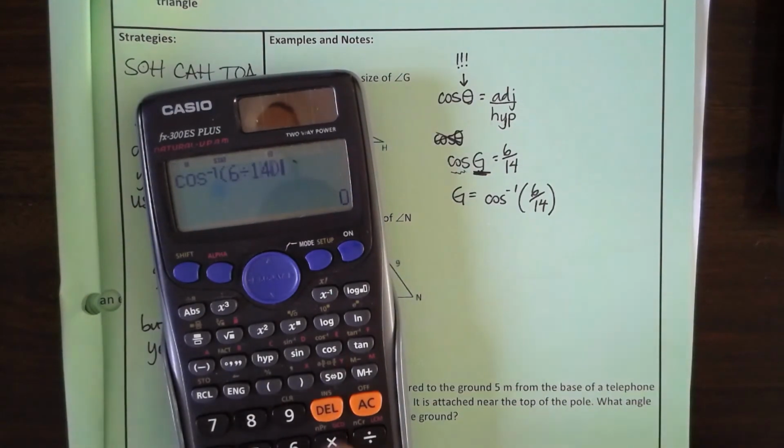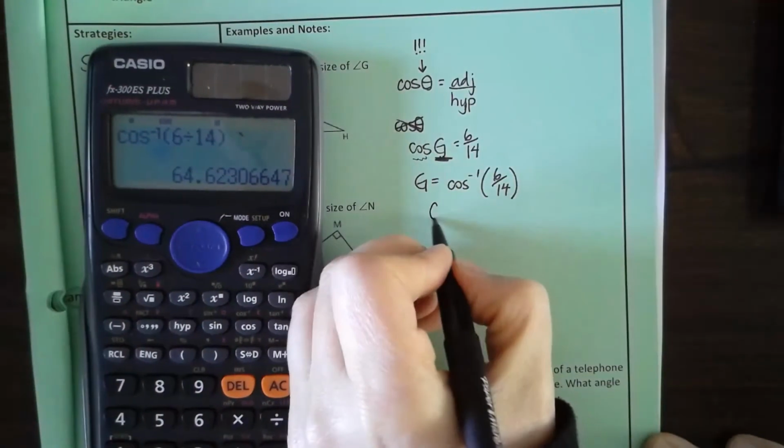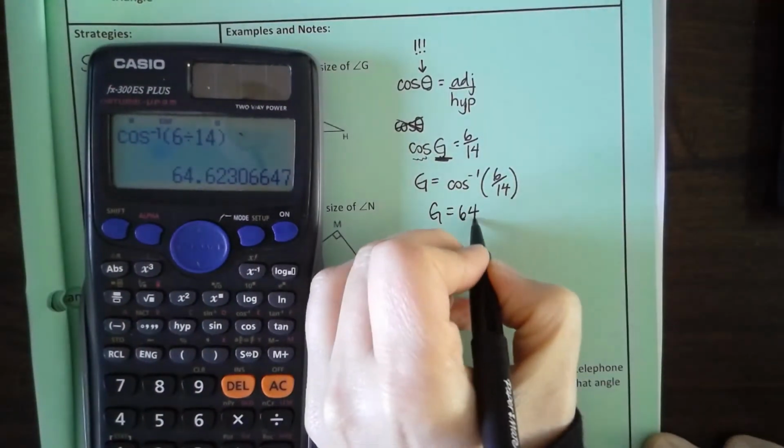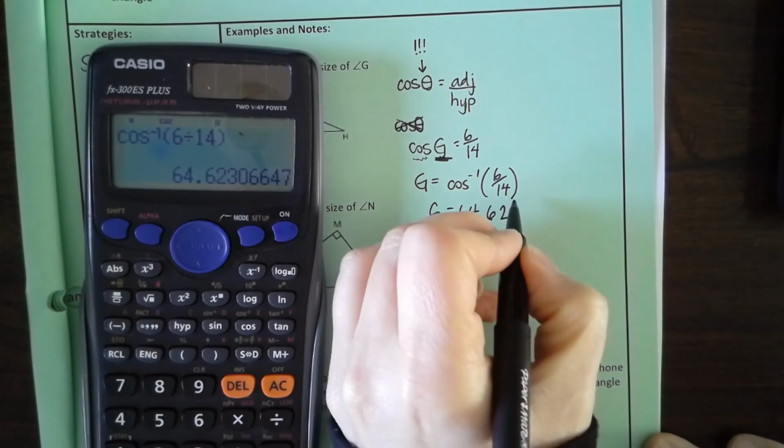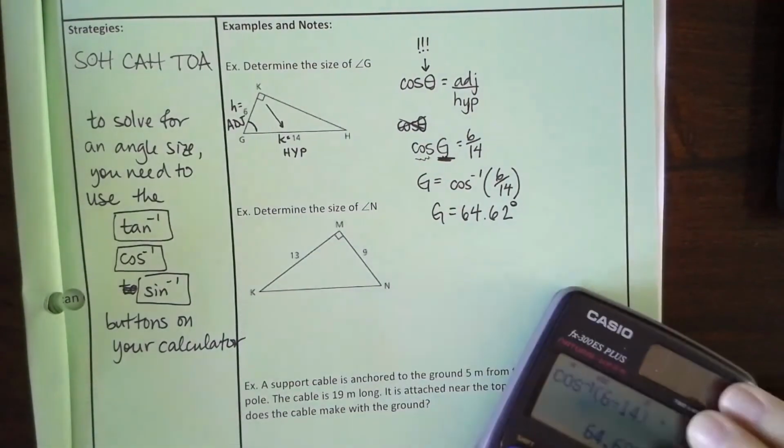6 divided by 14, you should get G equals 64.62 degrees. So play around with your calculator until you can get it to consistently give you that number. So, 64 degrees.